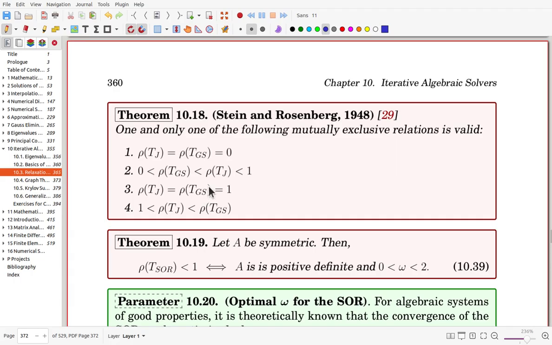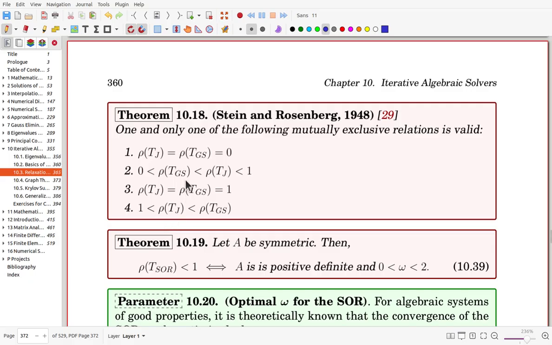That means the method is not converging. However, anyway, if one of them has spectral radius 1, then the other one should too. And now this line 4 means that if one of them has spectral radius larger than 1, then the other one should also have a spectral radius larger than 1, and Gauss-Seidel's spectral radius must be larger than Jacobi's.